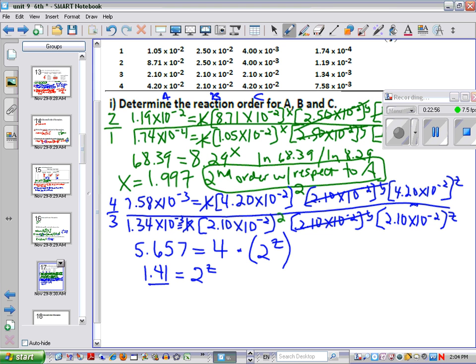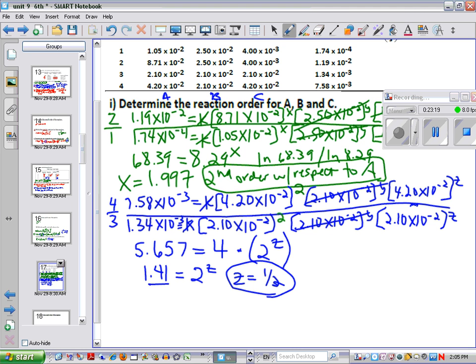So we have a fractional coefficient here. Can we have a fractional coefficient? Yeah, we actually can, and it's not going to make sense to you until Unit 10. How does a fractional order make any sense? How does a half a molecule slam into something? That doesn't make any sense because you don't know about something called equilibrium substitution right now. So it's not actually a half a molecule.